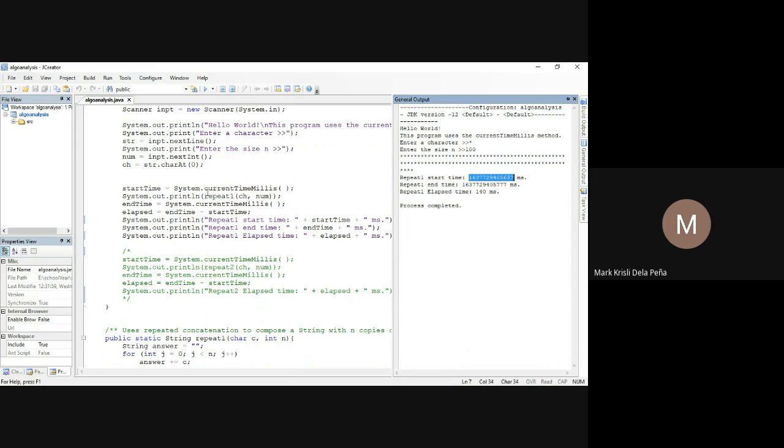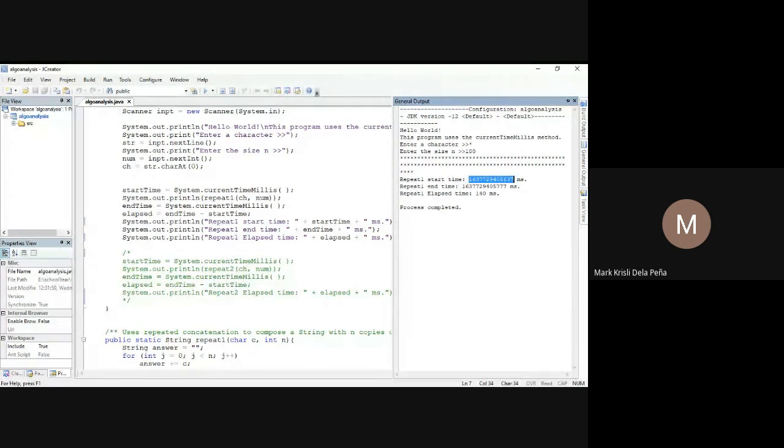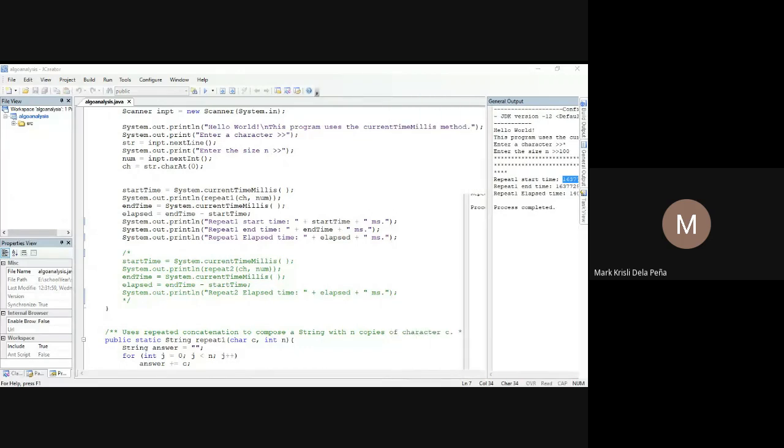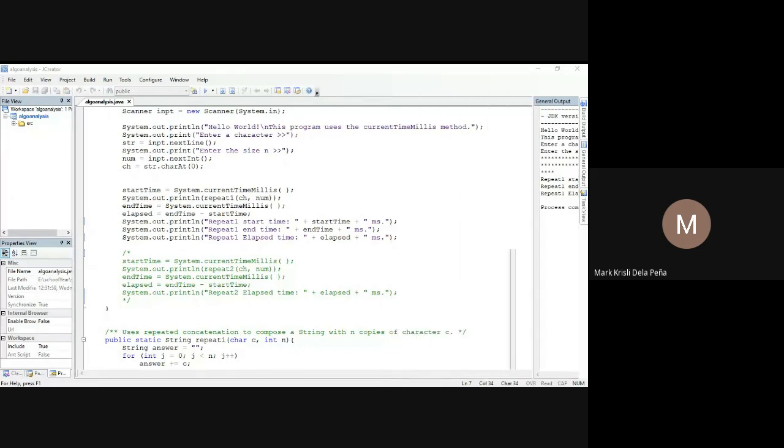Current time millis is actually calculating from the epoch. That will be a reference time, and that is January 1, 1970. I'll just check if that is the correct value of our epoch.